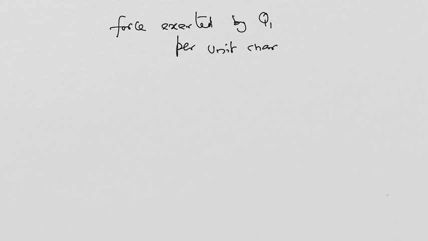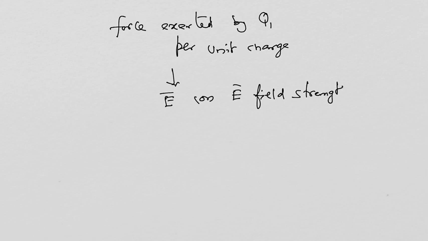I'll explain it again. Force exerted by Q1 per unit charge is called electric field intensity, or I can mention this as electric field strength. Okay, it's a vector quantity, I just told you. So E, mathematically it is expressed: electric field strength is the strength of Q1 because it exerts a force on Q2.